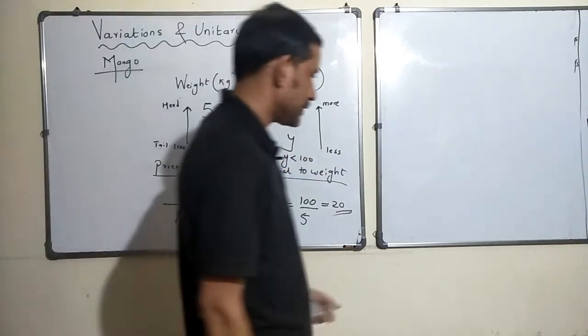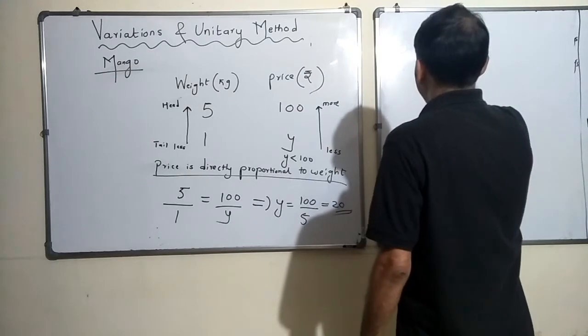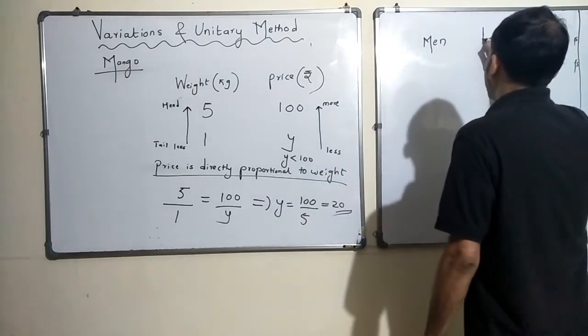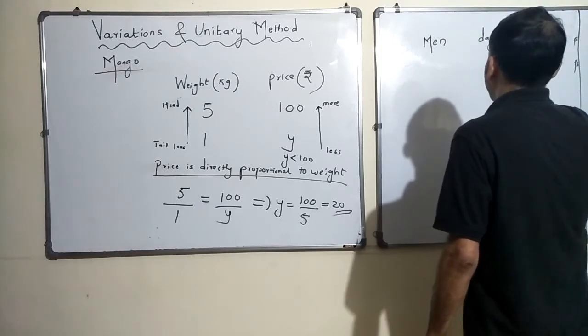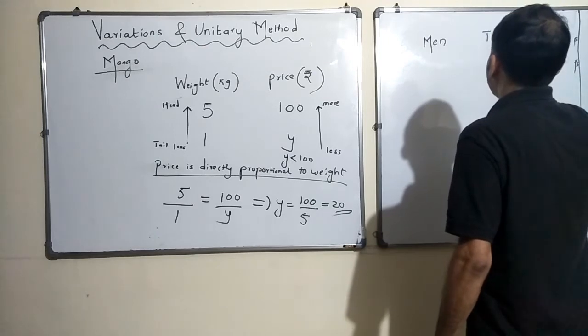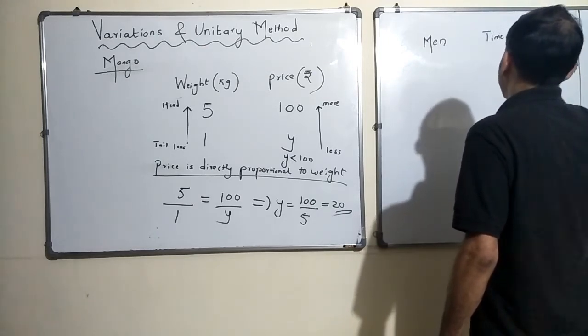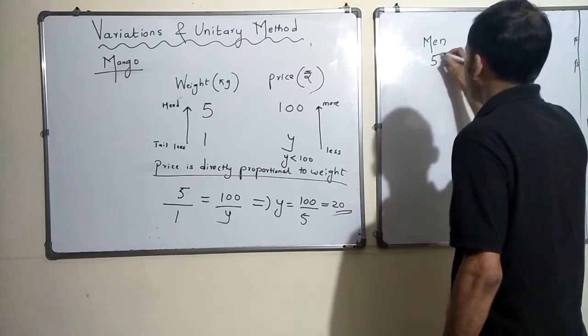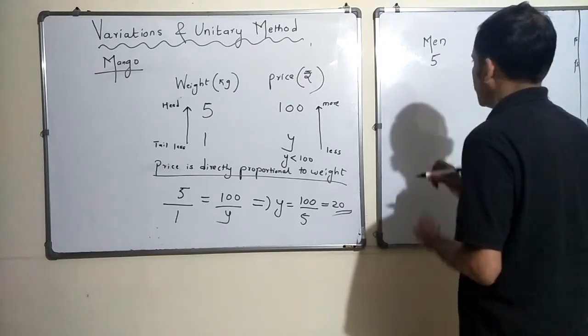Let's take the second example, right? People or rather men and days to complete, or rather time taken to complete the work in days, right? 5 men complete the work in 100 days, okay.